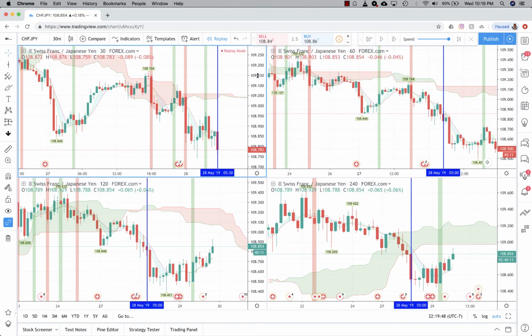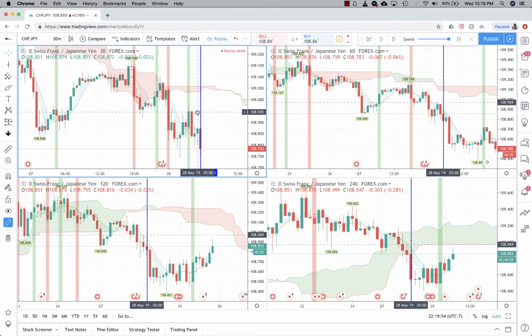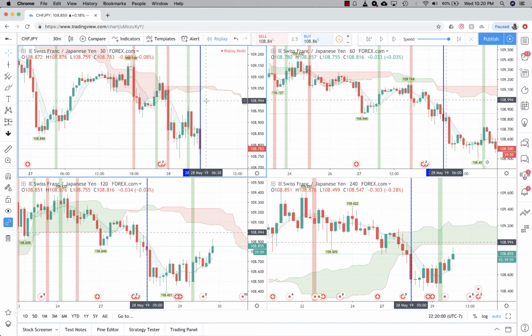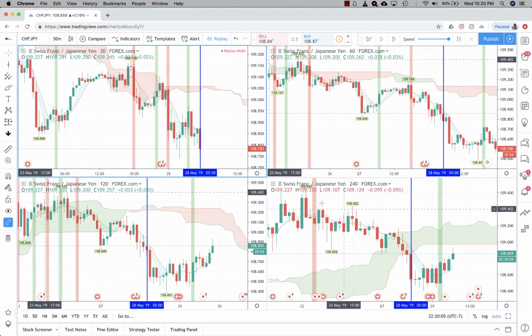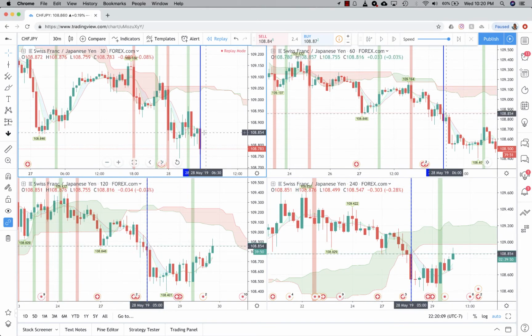Alright, so first things first, we're going to have to determine the overall trend and direction of price, and we do that by looking at where price is at the time and whether it is below or above the Ichimoku cloud. So we look at the 30-minute, 1 hour, 2 hour, and 4 hour chart, and we make sure that everything's all aligned. On the 30-minute, price is below the Ichimoku cloud.